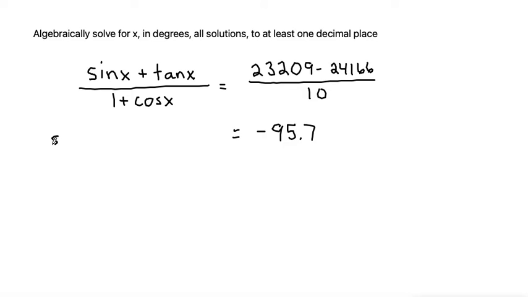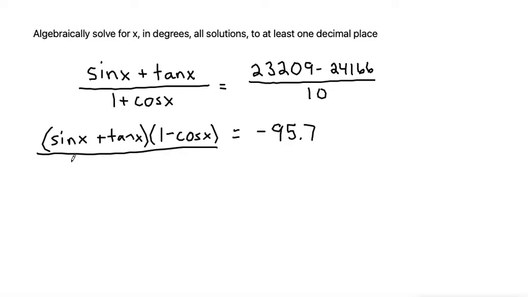That makes sin x plus tan x, multiplied by 1 minus cos x. The denominator will be the two conjugates multiplied together: 1 plus cos x times 1 minus cos x.